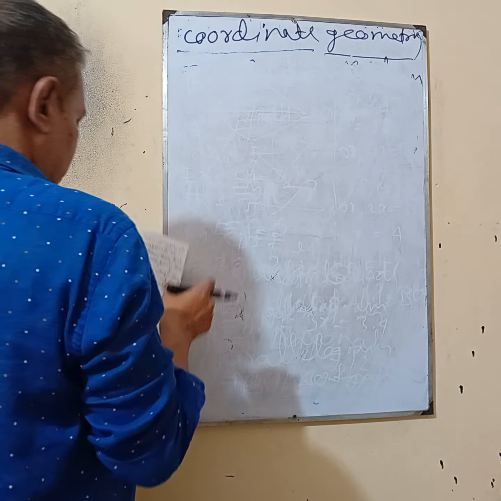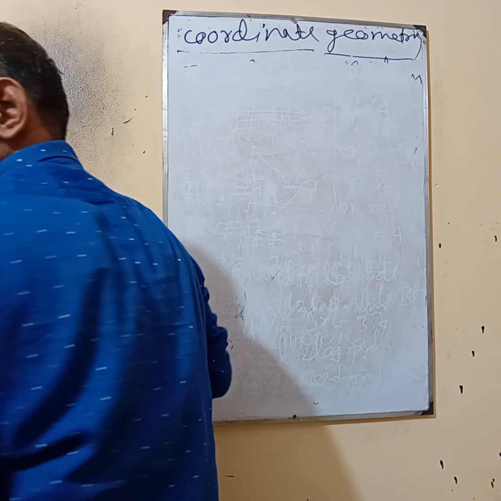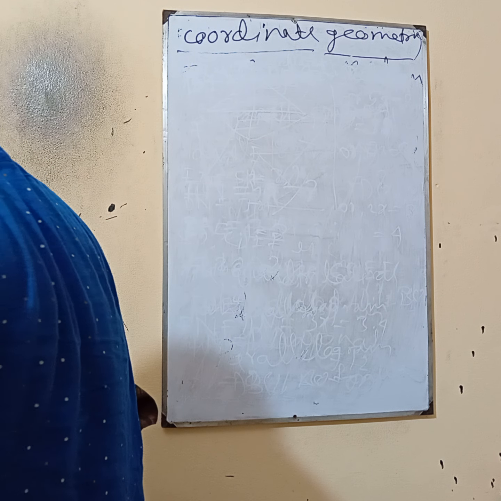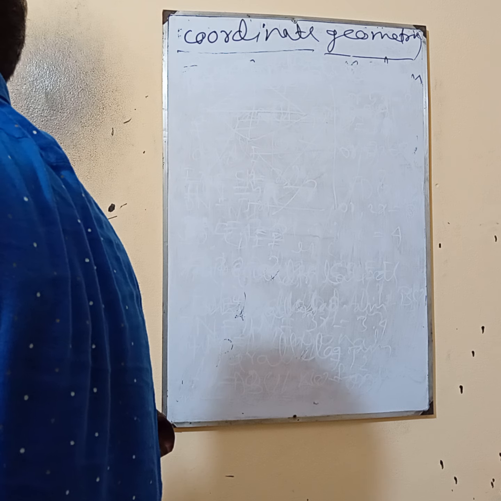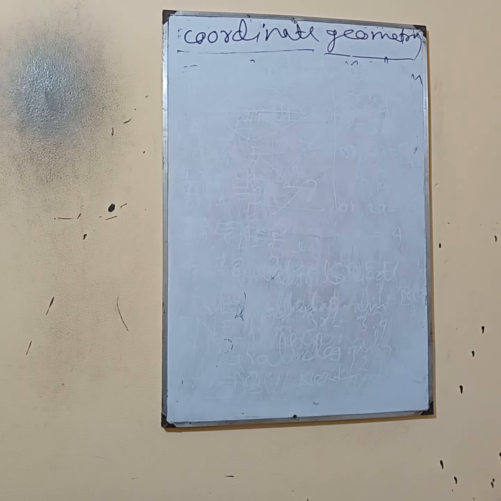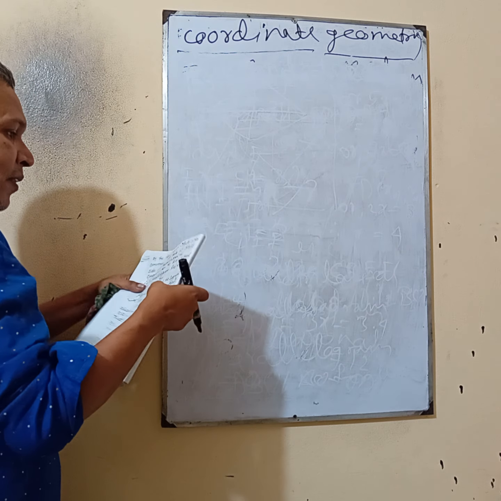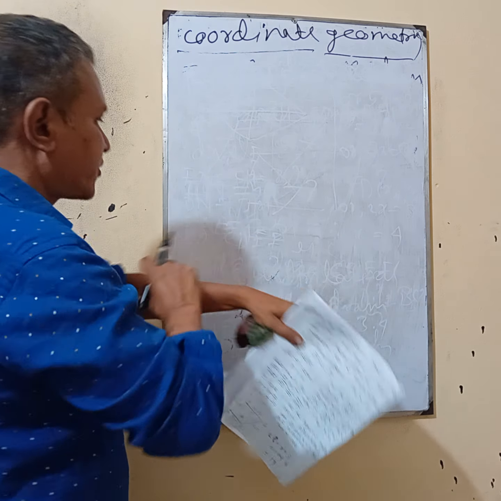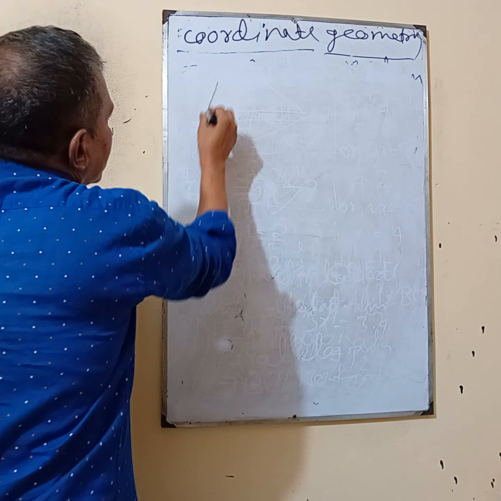The parallelogram opposite sides system. Suppose this is a quadrilateral PQRS.